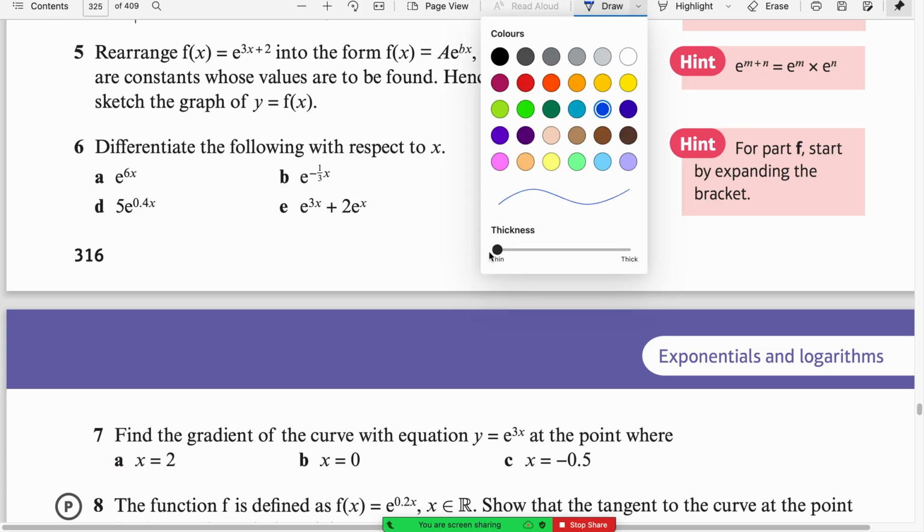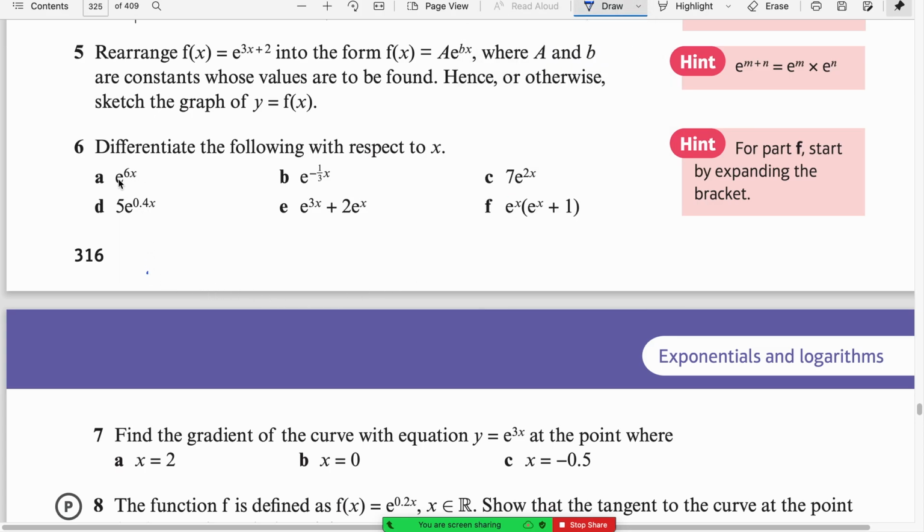Let me solve some simple ones first. So 6a differentiation is firstly as it is, just copied, then multiplied with the differentiation of the power. So this is your answer. Look at this e part. First as it is, then you multiply it with the differentiation of power.